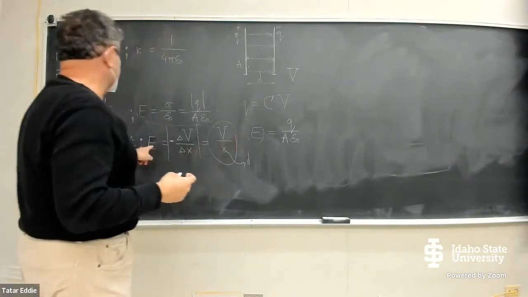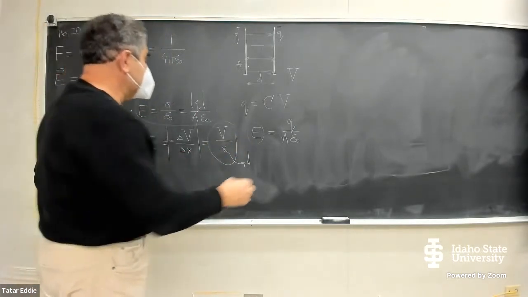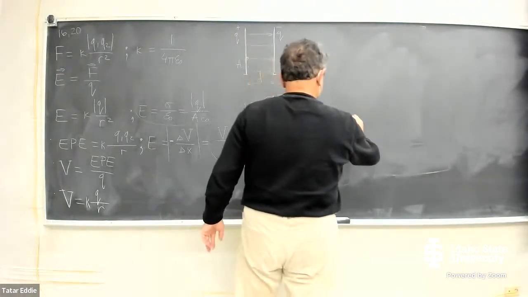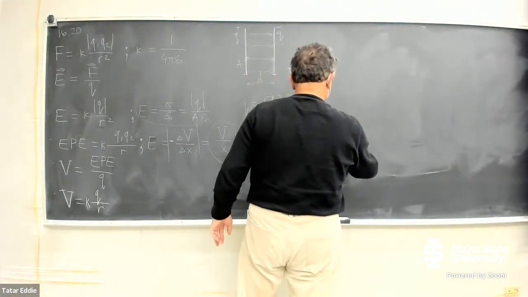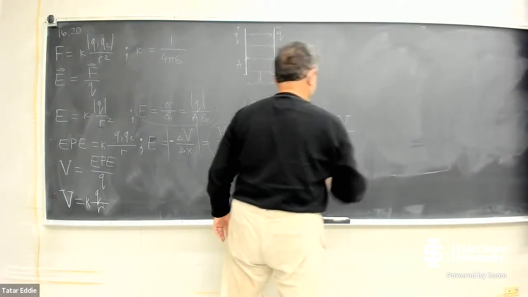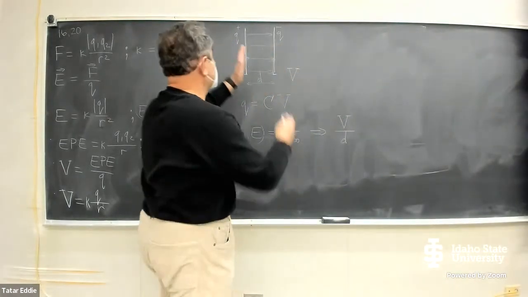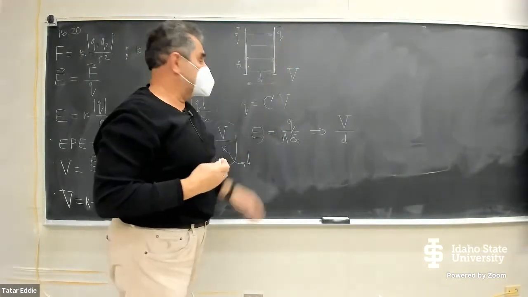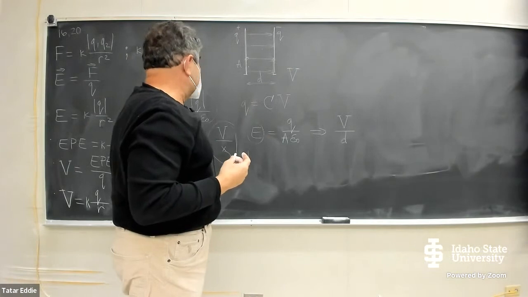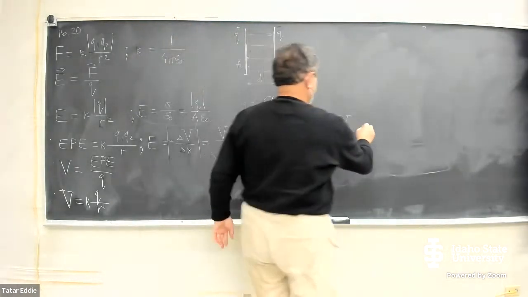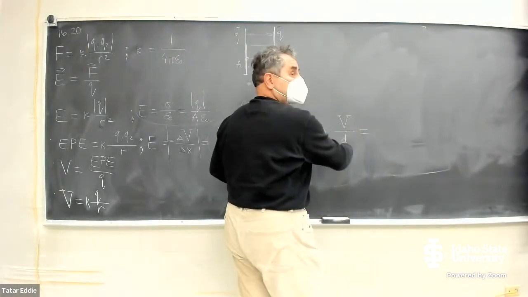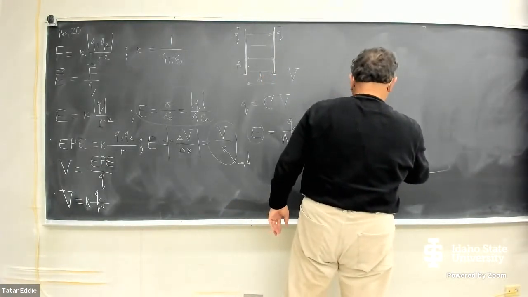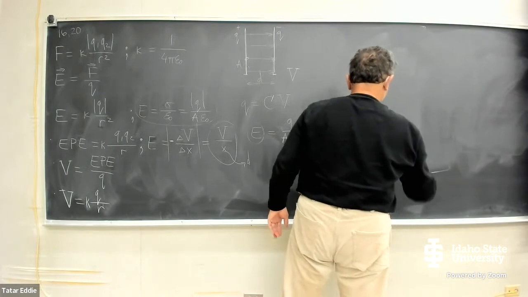Substitute the electric field with the dictionary formula, and you're going to get voltage divided by the distance between the plates. Voltage is the voltage difference between this plate and the other plate. In magnitude, that electric field, or this voltage per distance, is equal to charge divided by area and epsilon naught.